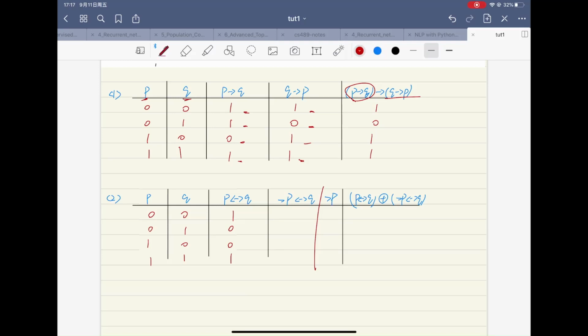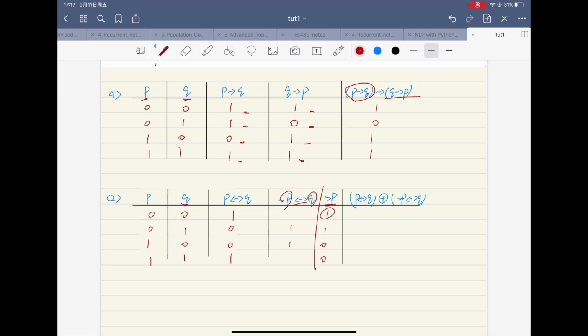P, not P, just negate that. Very simple. Then we need the not P if and only if Q. So not P here, Q here. Same way, if they are the same, that will be true.